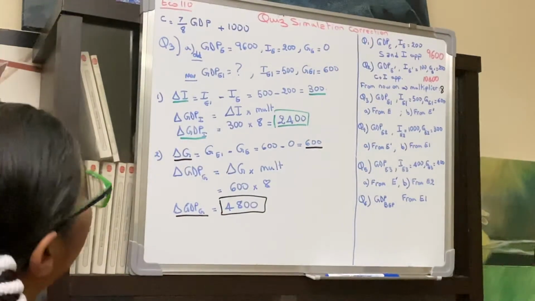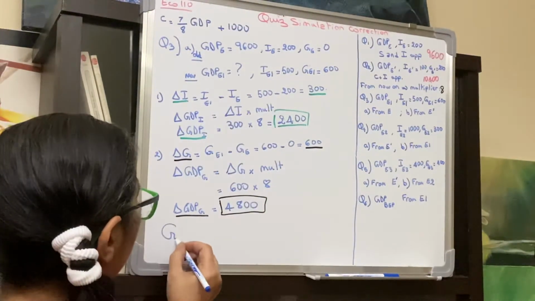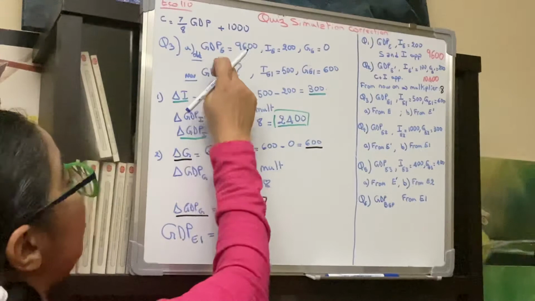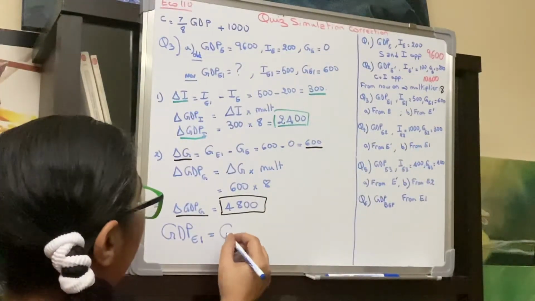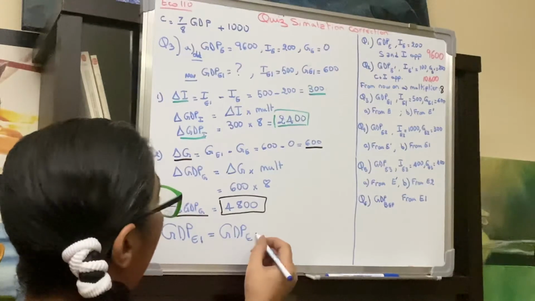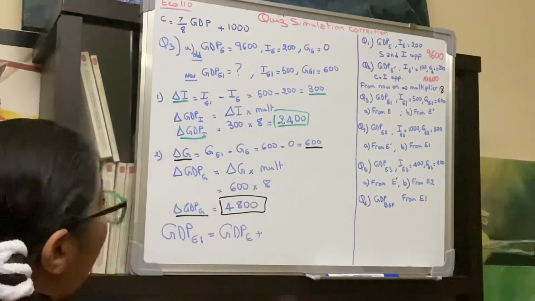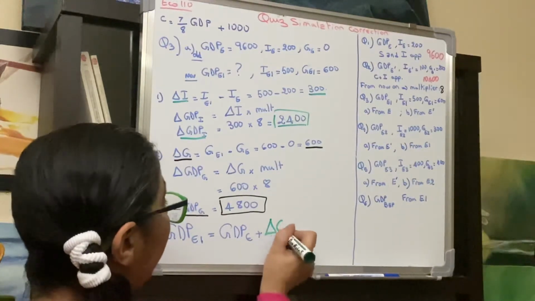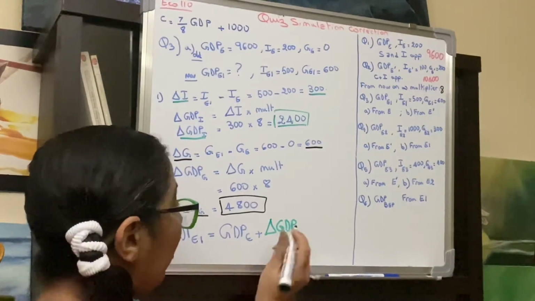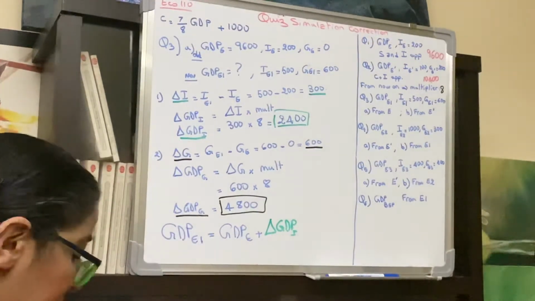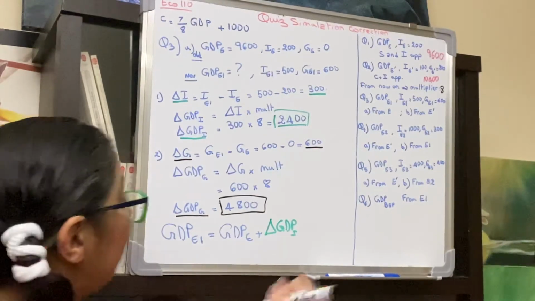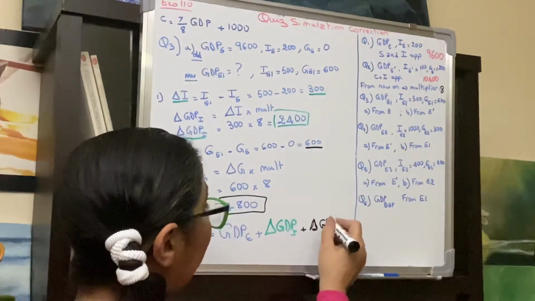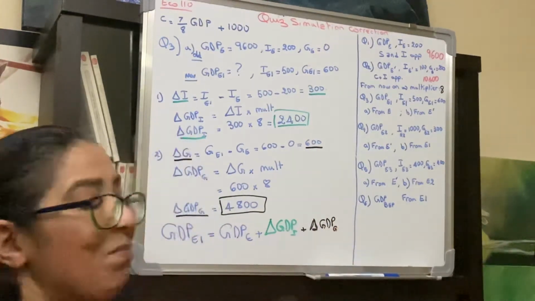So GDP at E1, the new GDP, is equal to the old GDP, the departure point, GDP E, plus the change due to the investments, plus delta GDP due to I, so the jump that was given due to the investments, plus the change that was caused by the government, delta GDP G. Okay?